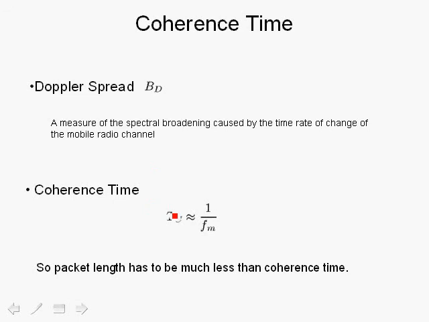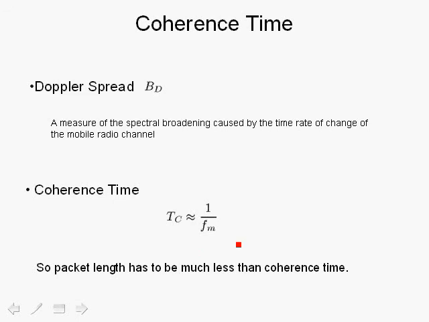The coherence time is defined as the inverse of the maximum Doppler shift. And the key point on coherence time is that if you're doing packet communications, the duration of the packet has to be much less than the coherence time in a good design.